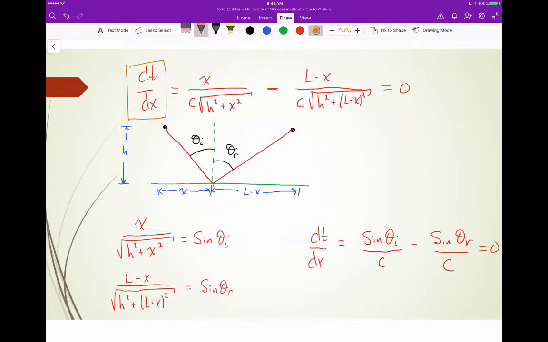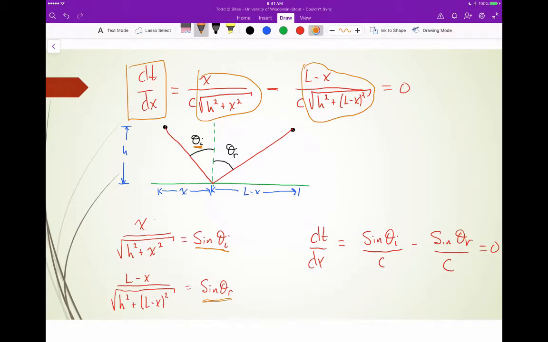Now, something to notice is I can rewrite this part of my equation and this part of my equation in terms of the angle of incidence and angle of reflection. And so with this as my theta I measured with respect to the normal, sine theta I, the sine of the incident angle, is just x over root h squared plus x squared.